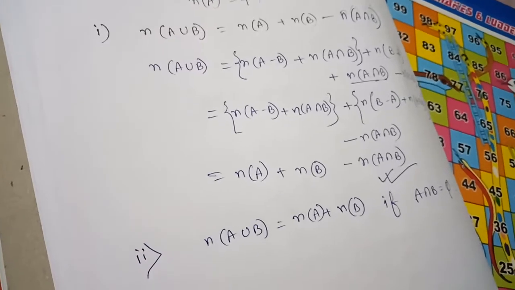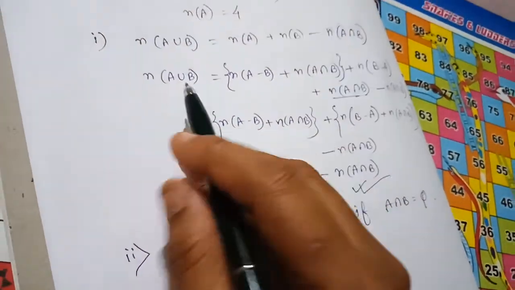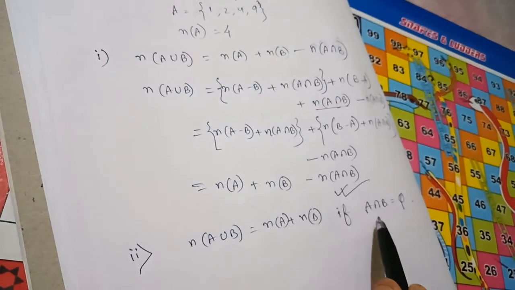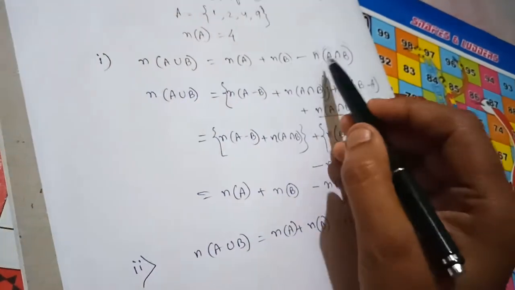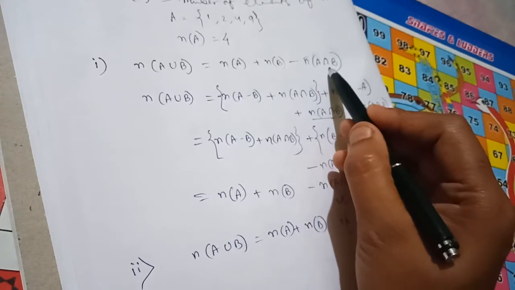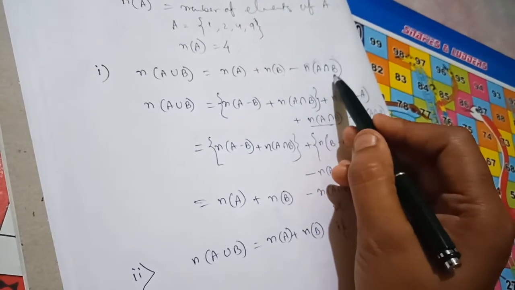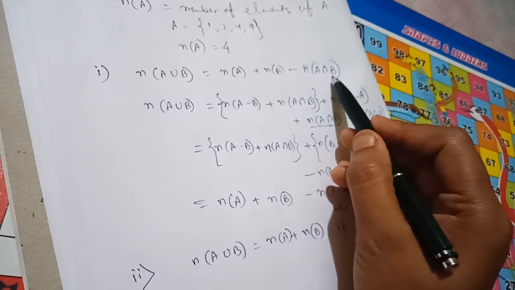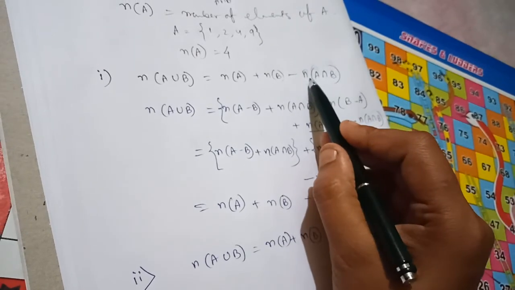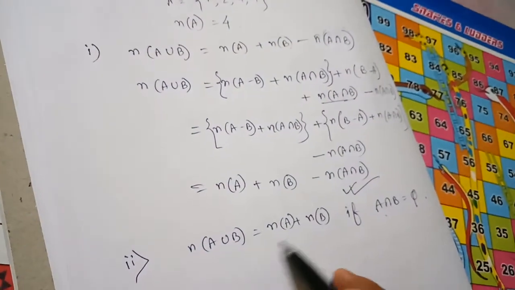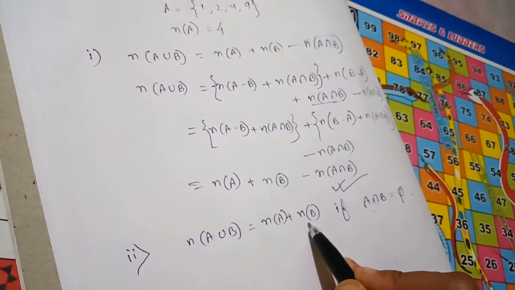If you want to do it mathematically, it can be proved from the previous result. If A intersection B is empty, that means n of A intersection B is 0, because it doesn't contain any element. So we are left with the required result, right?